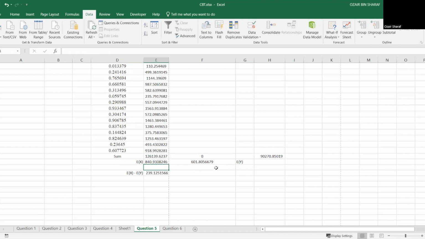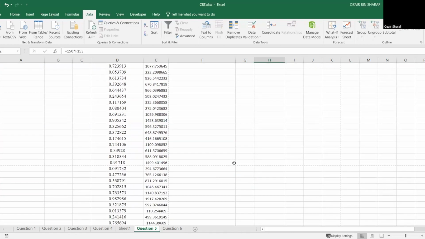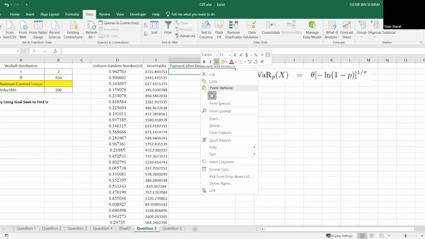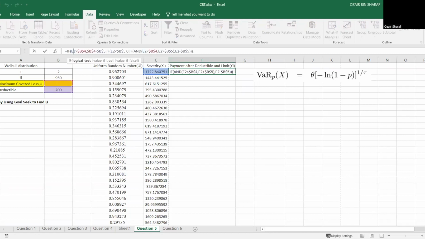Once you've done that, we find the summation of the payment, which is simply expected Y multiplied by 150. Then, to find the value of U, we put in the formula: if the severity is more than U, we print U minus 200.